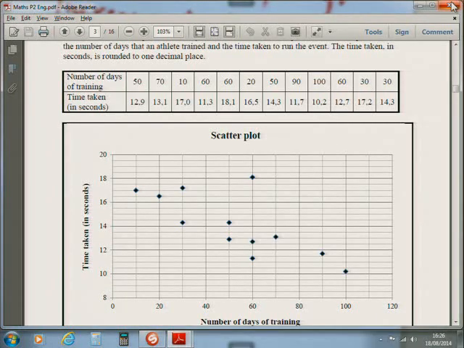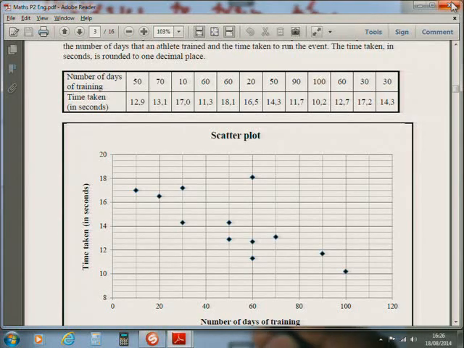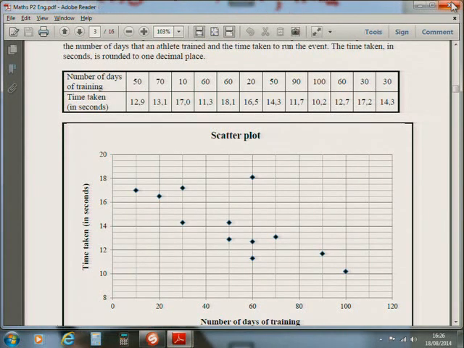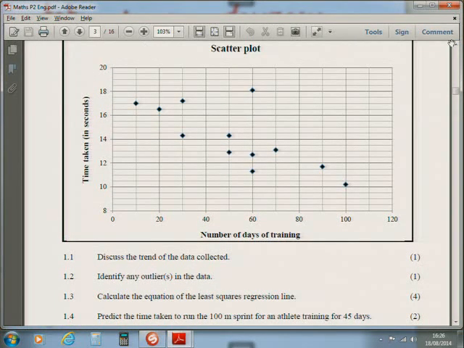Then AC, shift 1, I go 5 again, and then B is 2. B looks like it's negative 0.07068535826. So the equation, therefore, because we go back to the question to make sure, calculate the equation.